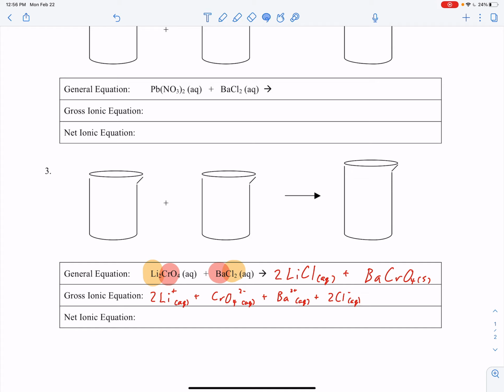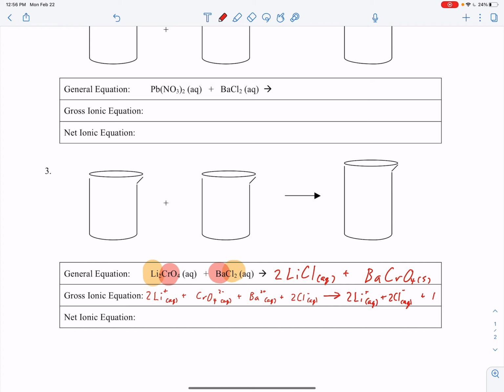I'm writing these a little bit on the big side, so let's see if I can shrink that just a little bit, give myself a little more room. And then let's write the products of this reaction. The lithium chloride is still aqueous after reaction, so that means we have 2 lithium ions and 2 chloride ions, right?